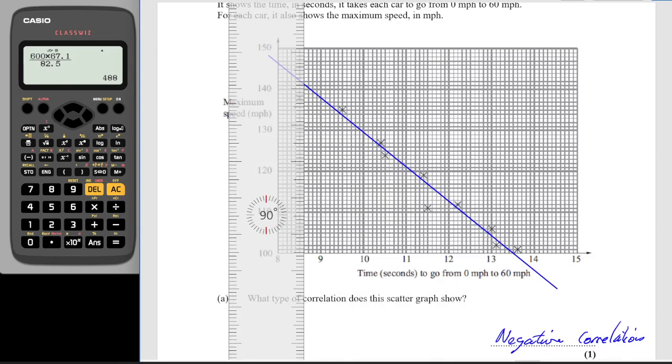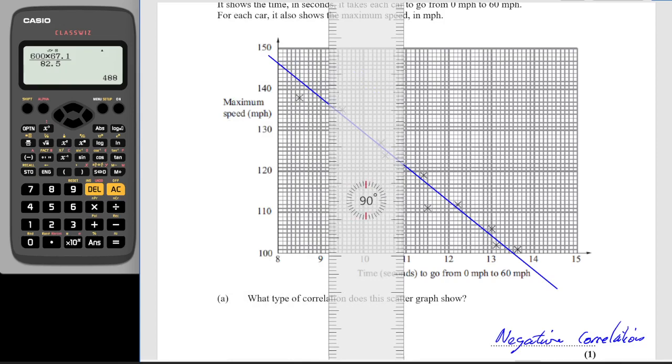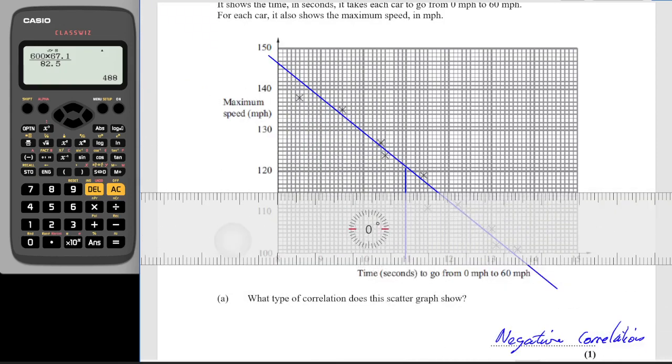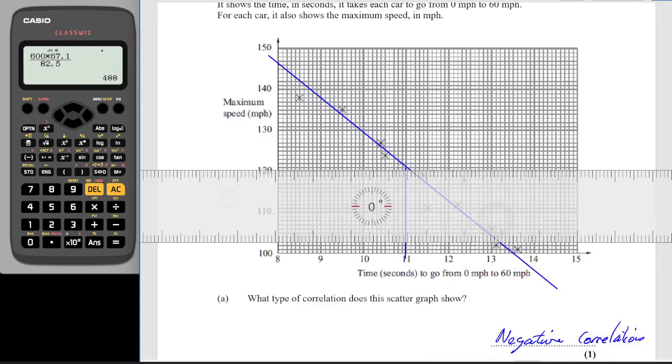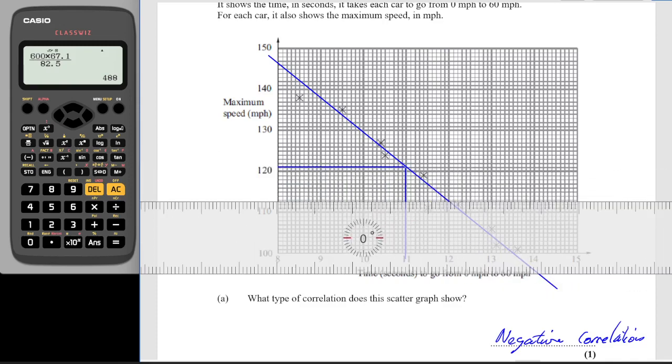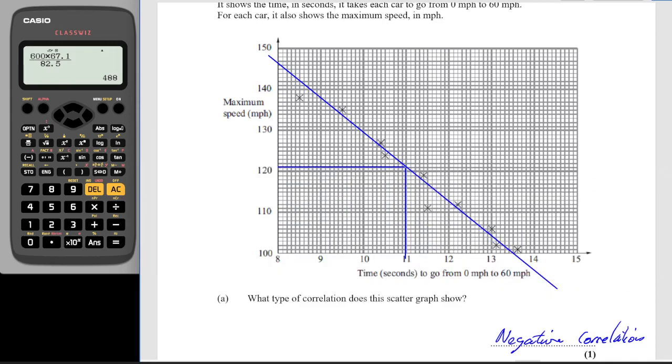And then at 11 seconds, I'm going to go up to my line, and then spin it around. So where it hits the graph, I want to follow it back to my y-axis and then read off that value. So get rid of my ruler now. So we're looking at this going up in ones, so I'm looking at about 121.